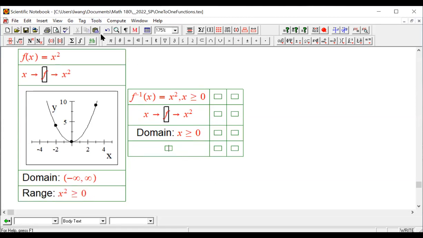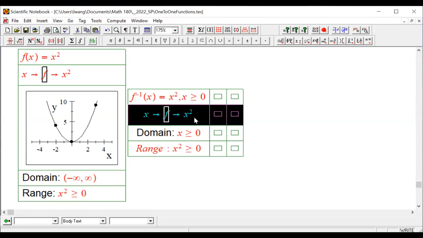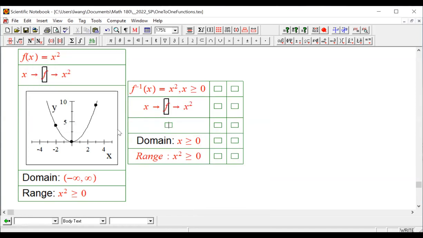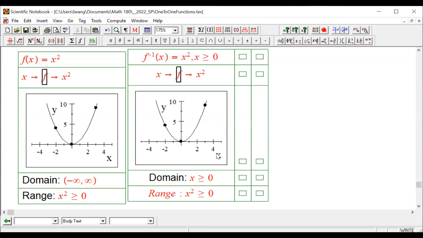You see the difference? How does the graph look? The graph would just be half of it. It's not the whole thing.